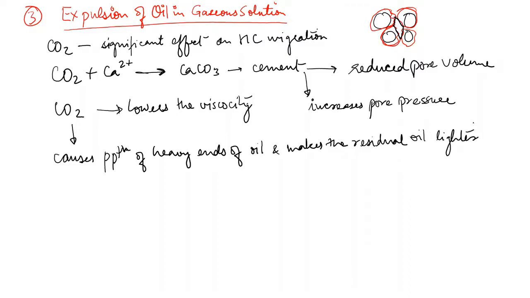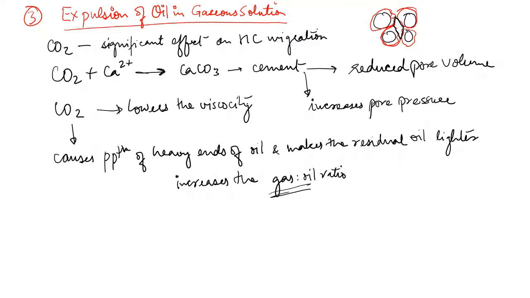And once this becomes lighter, it increases the gas to oil ratio, because the semi-solid part has now been precipitated out. So these gases play a direct role in oil migration. This is very important.